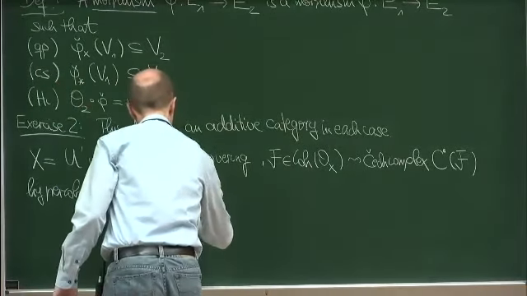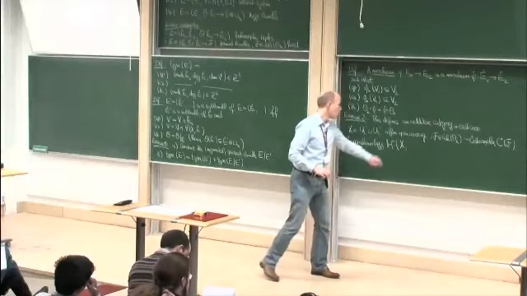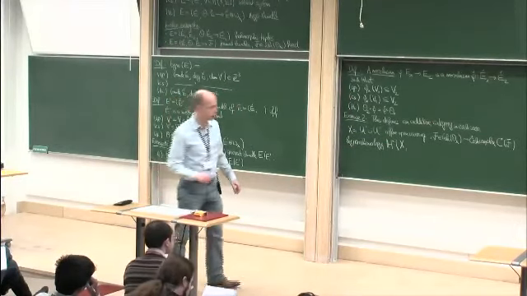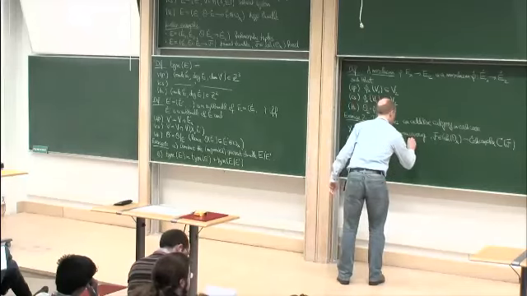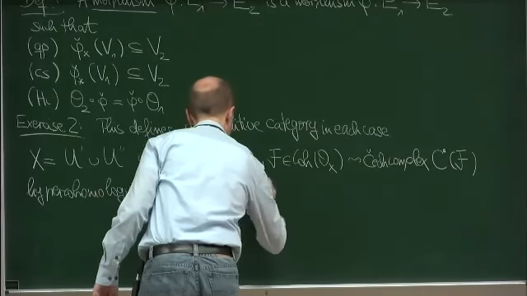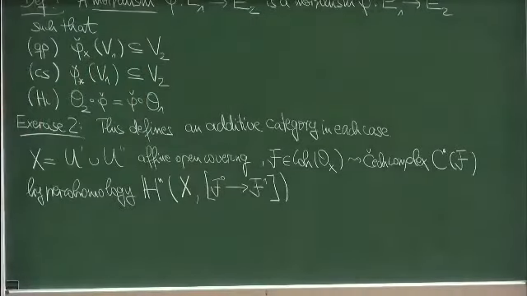So hypercohomology is defined for not just a single sheaf on your space, in this case on the curve X, but for a complex of sheaves. And I'm just going to talk about complexes of length 1. So complexes consisting of two coherent sheaves on X and a map between them.